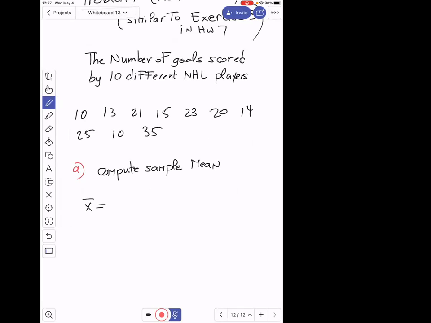So how do we compute X bar? The sample mean is you take the sum of all the data values: 10 plus 13, 21 plus 15, 23, 20 plus 14 plus 25 plus 10 plus 35, over the whole thing over 10.